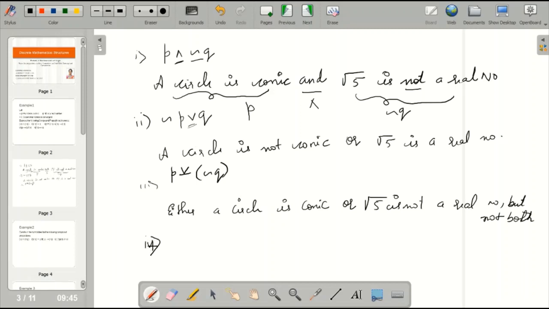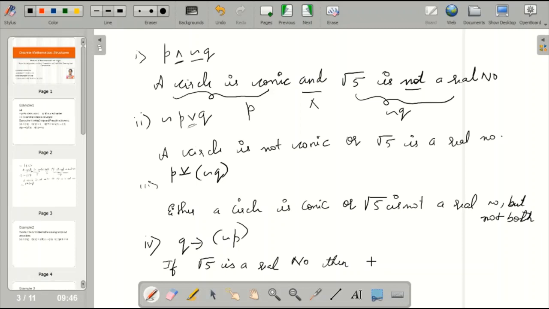Next one is regarding Q conditional negation of P. When it is conditional, it is always if-then. So if Q, then negation of P. What is if Q? If root 5 is a real number, then negation P. P is just a circle is conic.